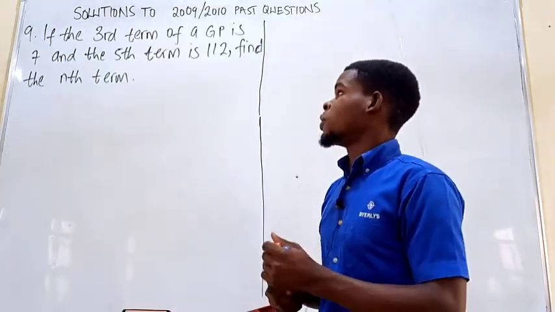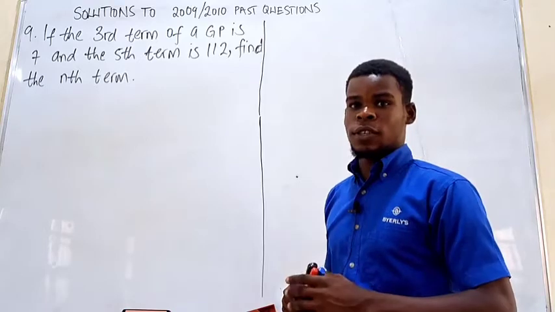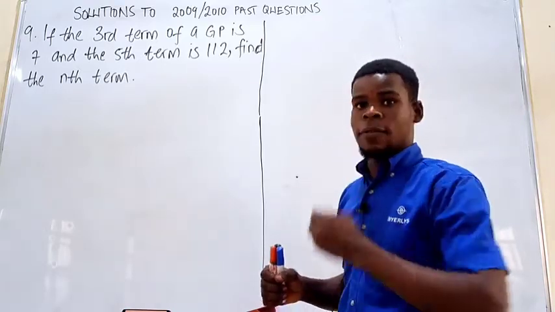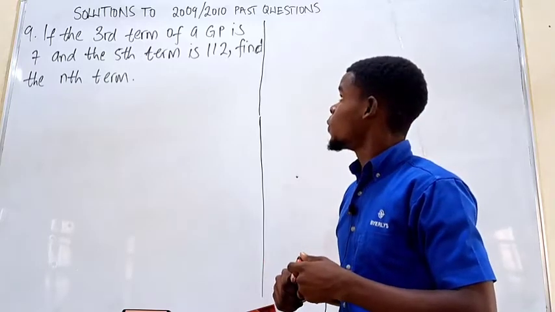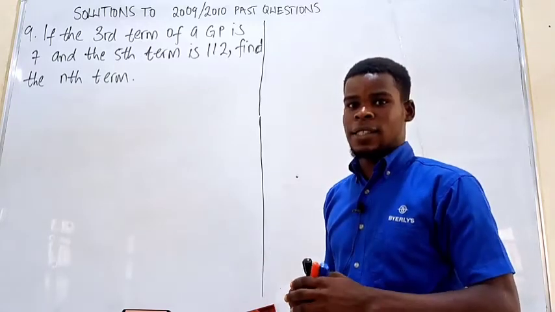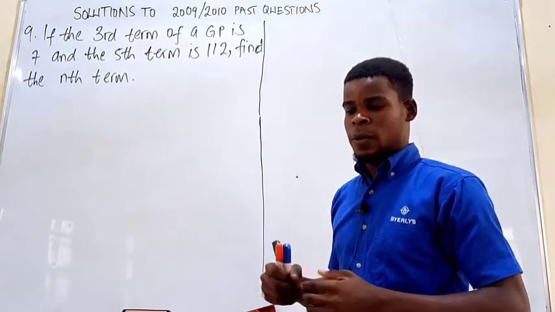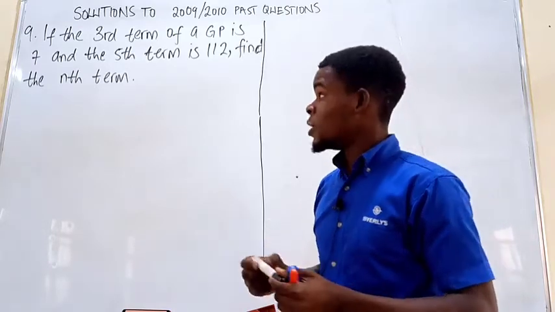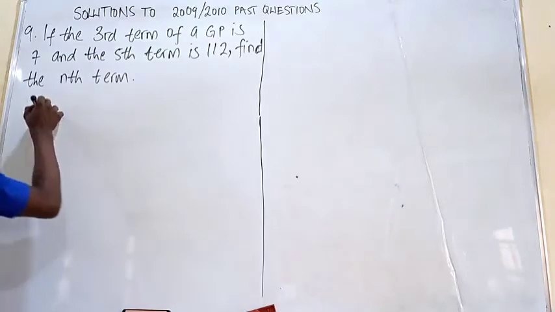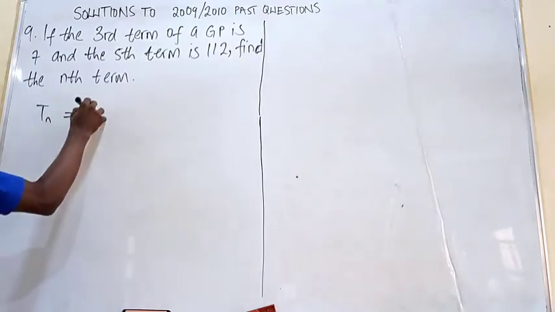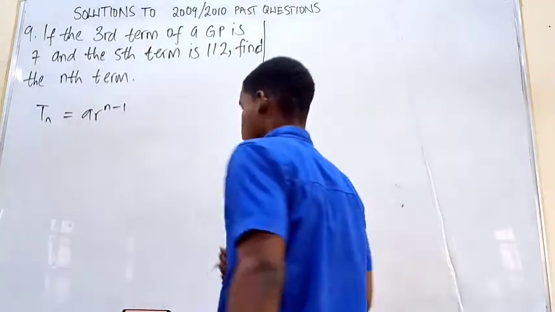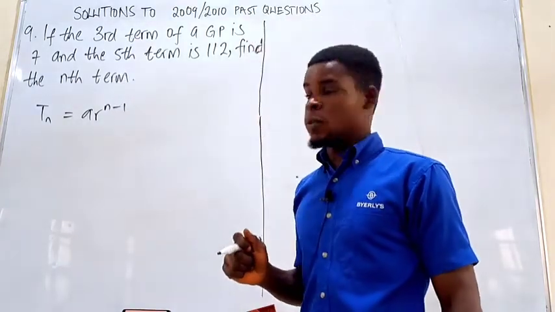Now here on the board, we want to answer the 9th question: if the third term of a GP is 7 and the fifth term is 112, we should find the nth term. Well, we know the nth term of a GP is given as T_n = ar^(n-1), where a is the first term and r is the common ratio.